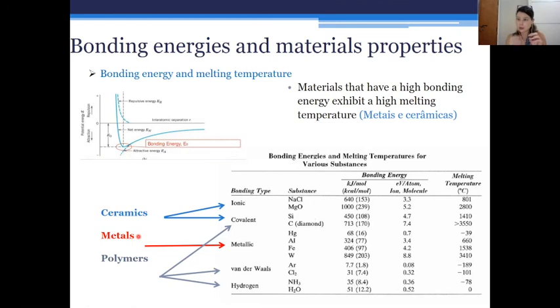Polymers are made of chains, and along the chains, the atoms are linked by covalent bonds. So looking at this example in this table, we should expect a higher melting temperature for these materials. But in fact, what is important in polymers is to consider the intermolecular interaction, which means interaction between the atoms of one chain and of another chain.